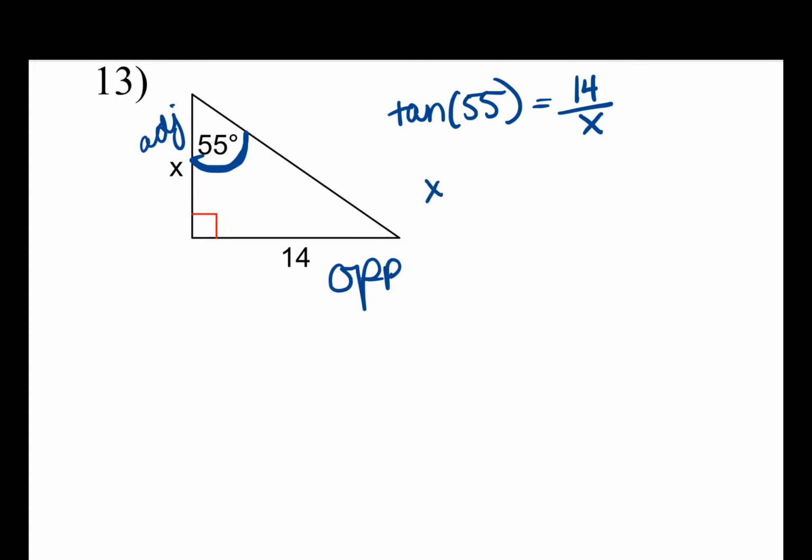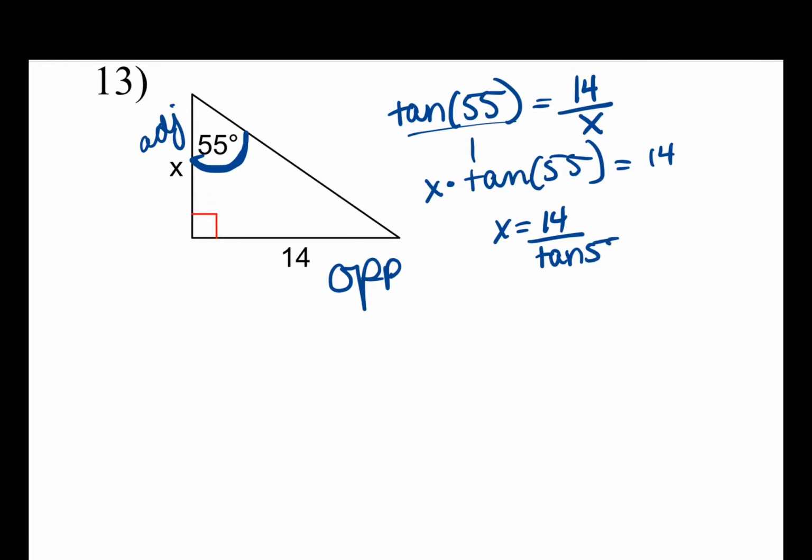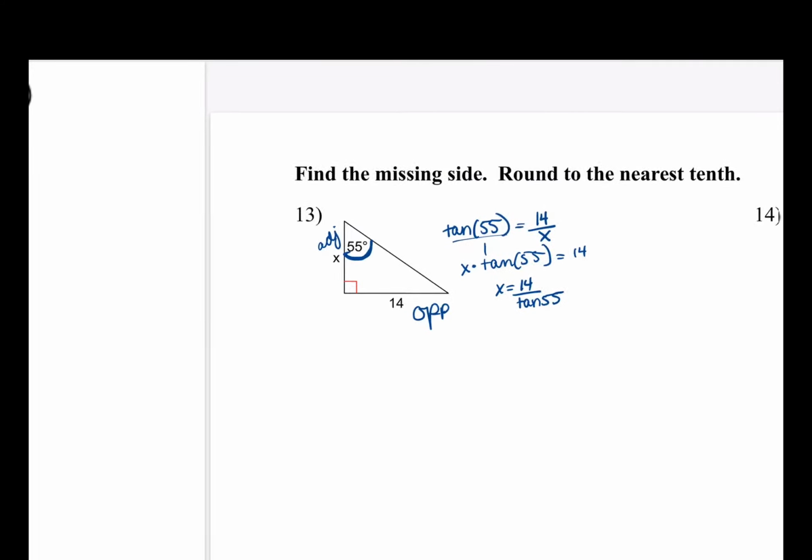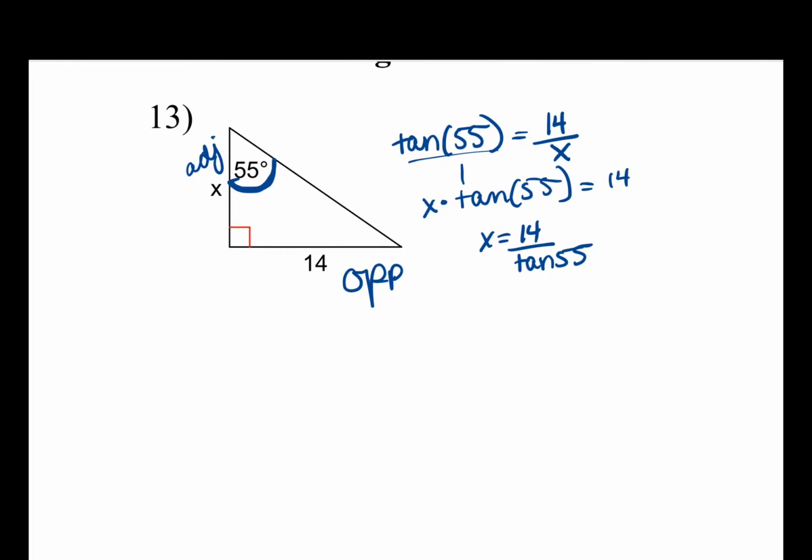Then we cross multiply, so we get x times the tangent of 55 equals 14. And so x is 14 divided by the tangent of 55. And these directions say round to the nearest tenth, so we end up with 9.8. Make sure you're working in degrees and not radians.